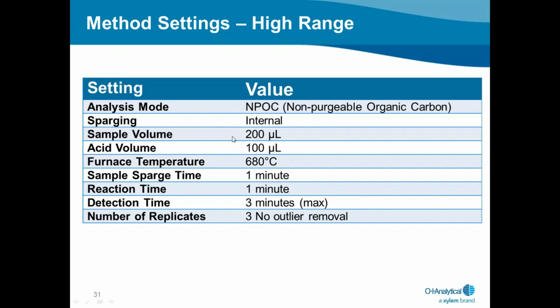And this is typically true of the Combustion TOC technique, in which method volume, acid volume, sparge time are primarily the factors or the parameters that are required to change when you're doing different types of sample analysis.